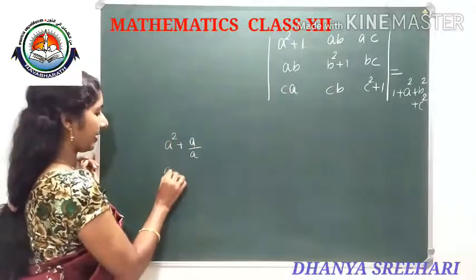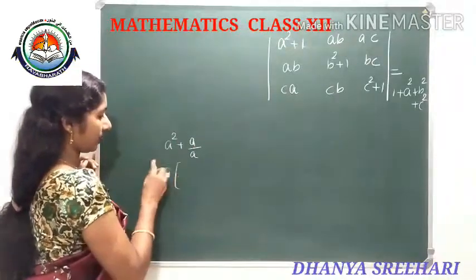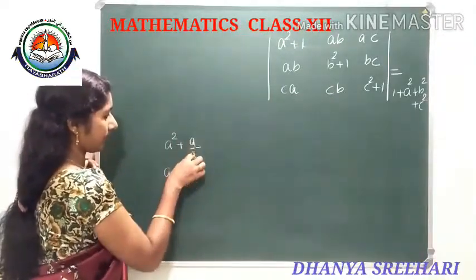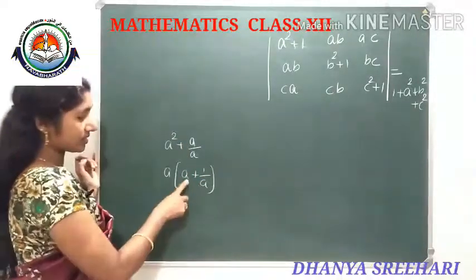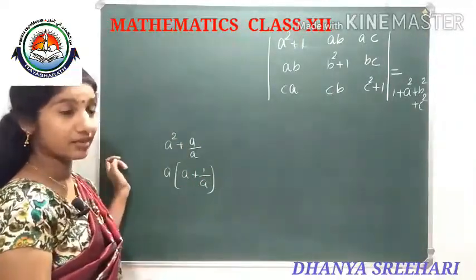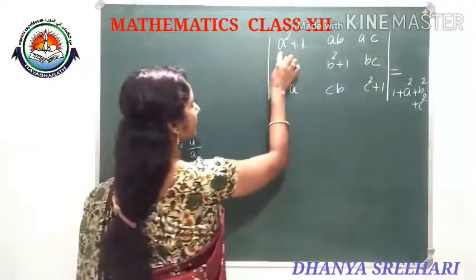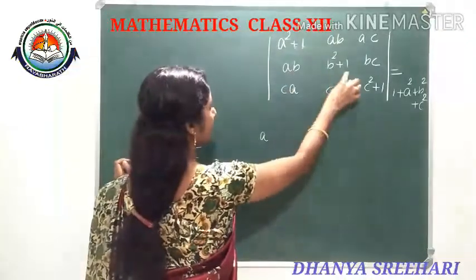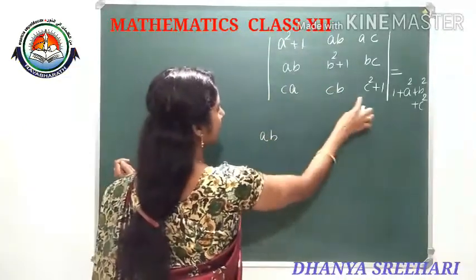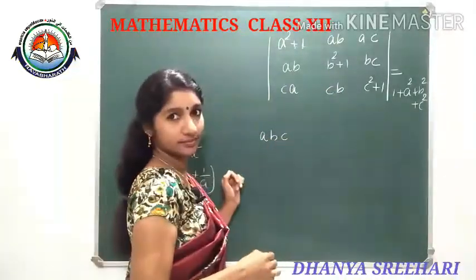So how will you take a outside? From a square, a outside, a will come. From a by a, 1 a outside, so it will come 1 by a. So the first term will become a plus 1 by a. So from R1 we are taking a outside, from R2 we are taking b outside, from R3 we are taking c outside.